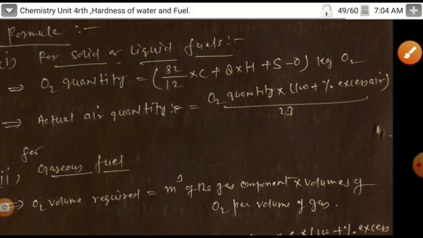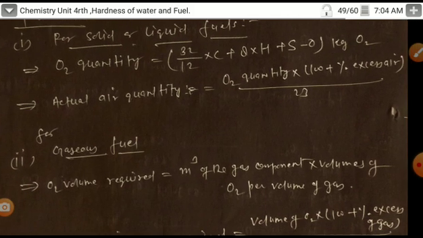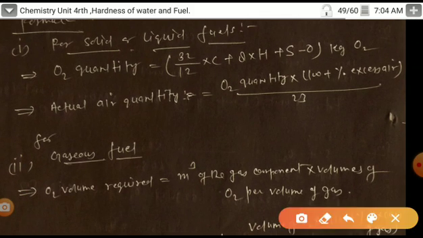And the second formula that you may apply is for the actual air quantity, how much air quantity will be needed. What is the formula of the air quantity needed?